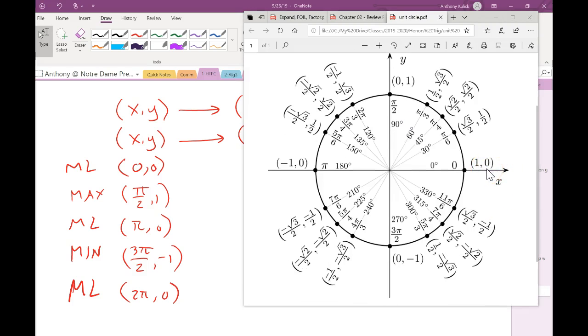So, again, here is sine of 0, sine of pi over 2, sine of pi, sine of 3 pi over 2, and then sine of 2 pi, right? So we're just using the quadrantal angles from the unit circle. Okay with that?